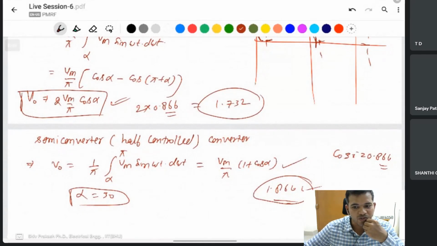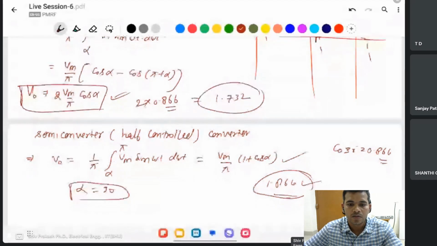We have a simulation of this. I have a simulation, if you want, I can show you. Effect of an inductor.